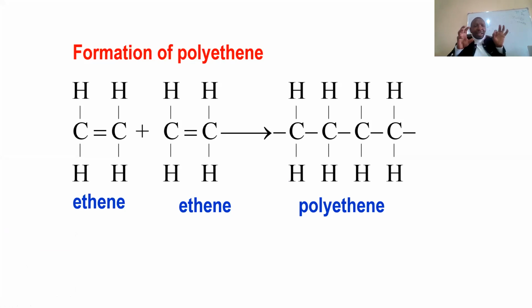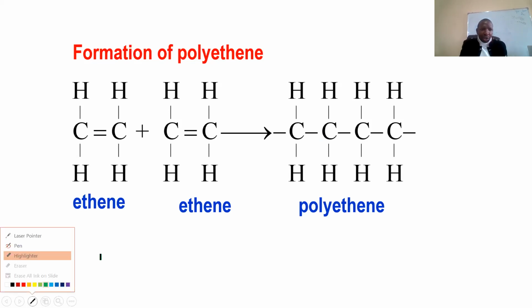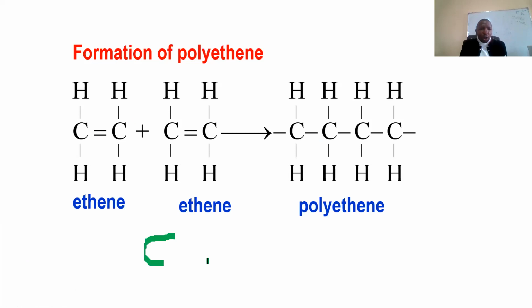This is the structure of a section of polyethene consisting of only 2 monomers. You have this double bond, you break it to a single bond. So during polymerization, this is the polymer, this is the monomer. The double bond breaks into a single bond.